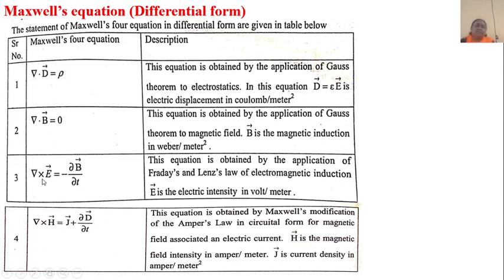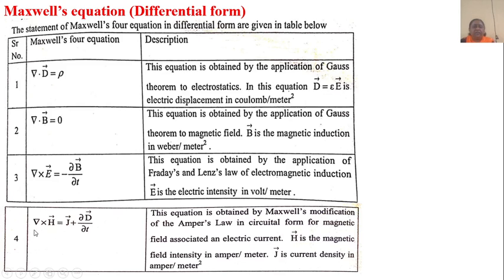Next equation, that is del cross E equal to minus delta B by delta T. This equation is obtained by application of Faraday's and Lenz's law for electromagnetic induction. E is the electric intensity and is measured in volt per meter.